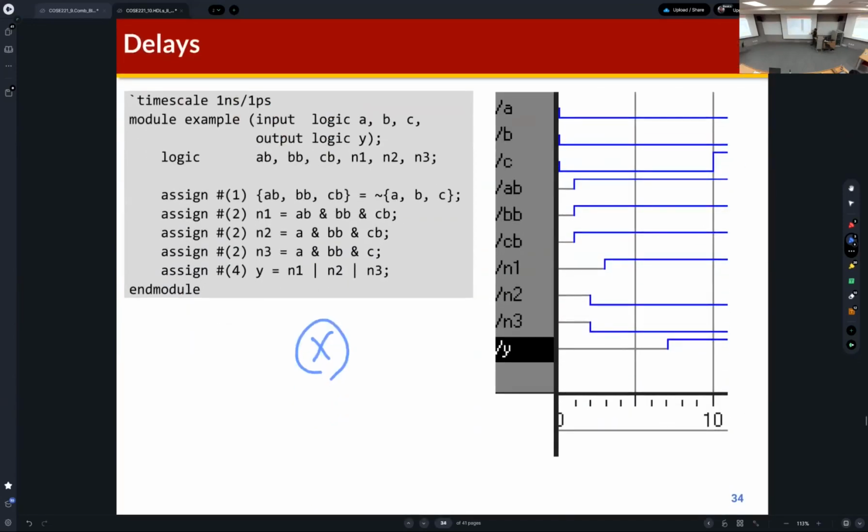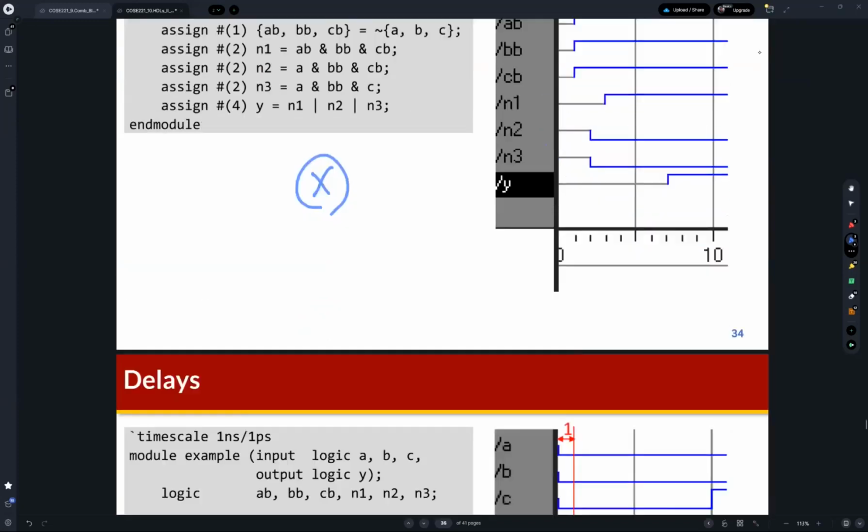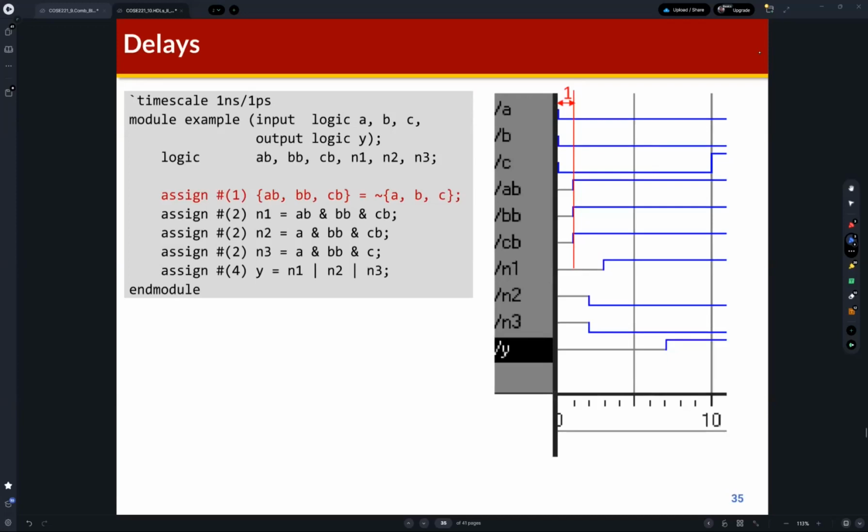So if you see the waveform of this circuit, then you can find that A is here, and B is here, and C is here. But you can observe very short changes in A and B and C, right? Firstly, A, B, C are unknown, but after that, it becomes 0. But if you see this assignment AB, BB, and CB, then the delay is 1.